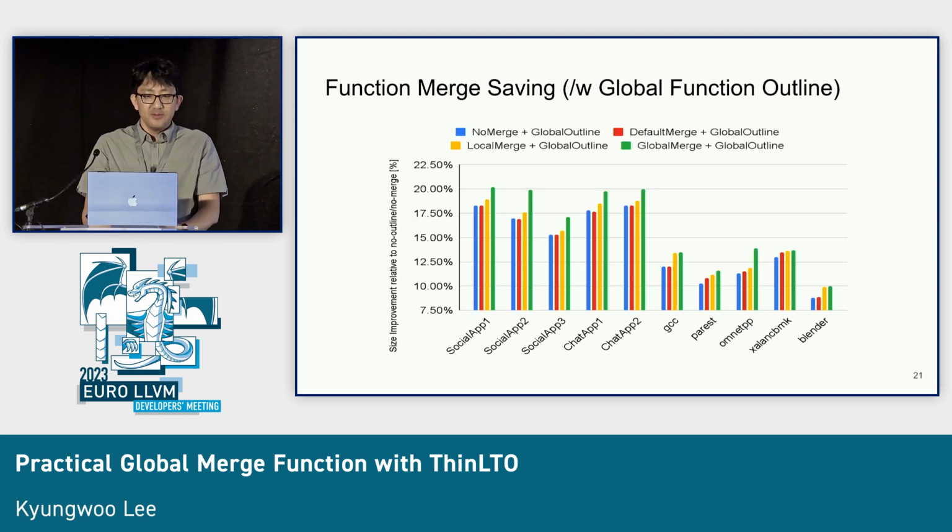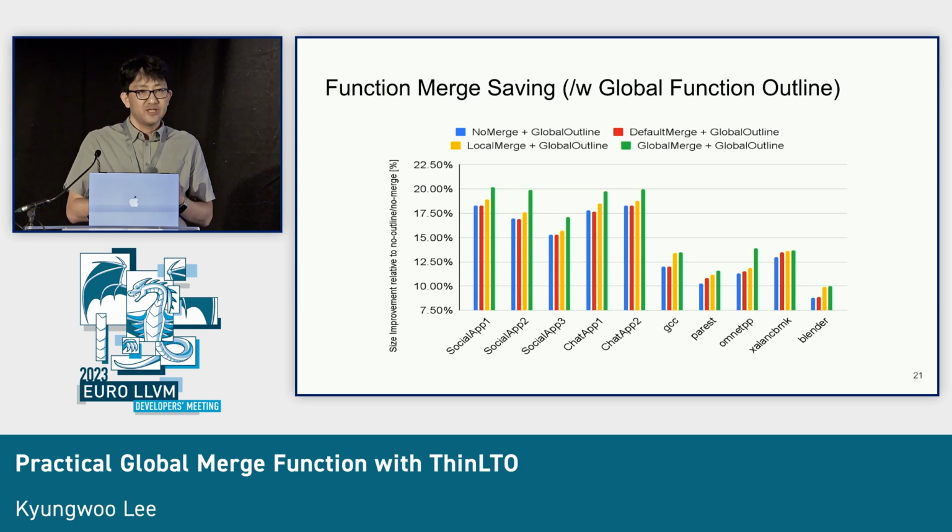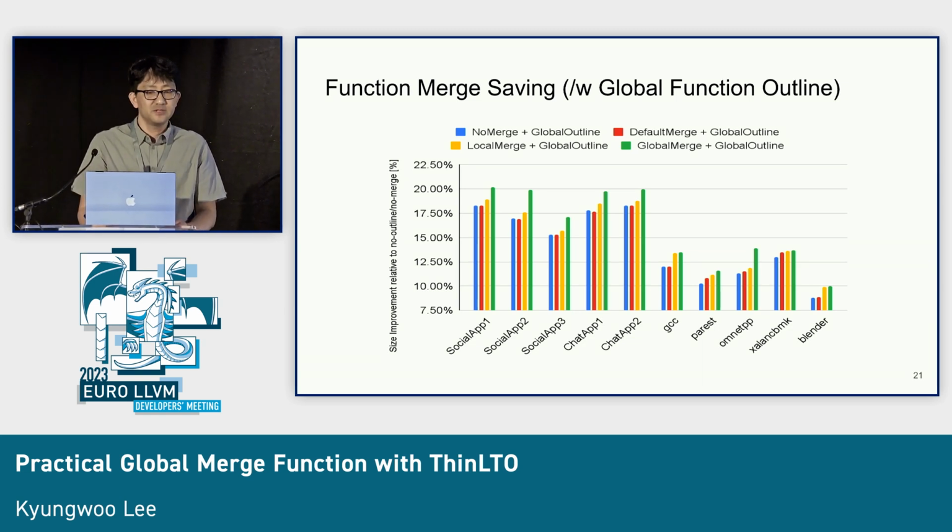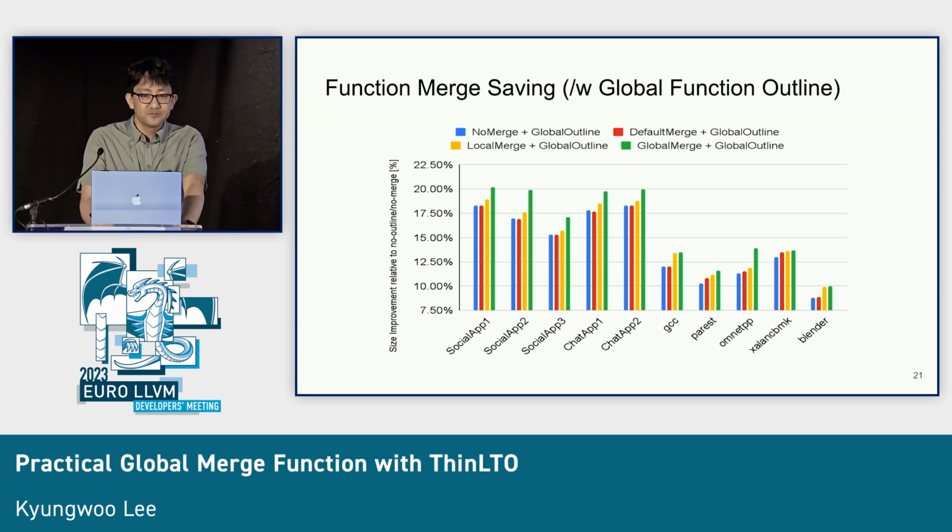Now let me demonstrate how these work together. This graph shows the code size saving by varying the function mergers, same as before, but on top of the global outliner.